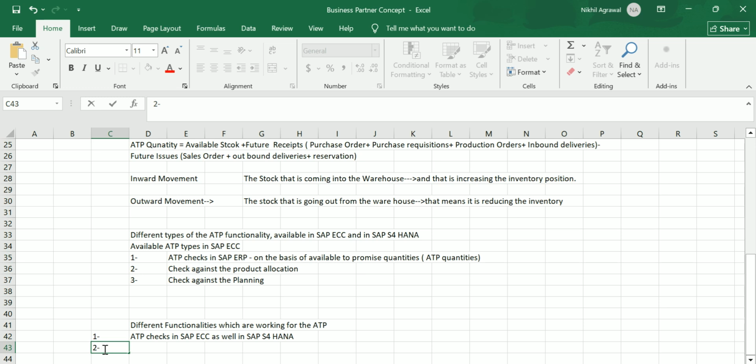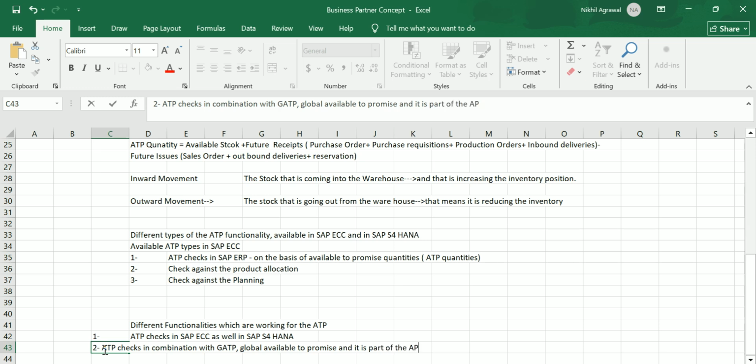Second is ATP checks in combination with GATP. GATP means global available to promise, and it is a part of APO.